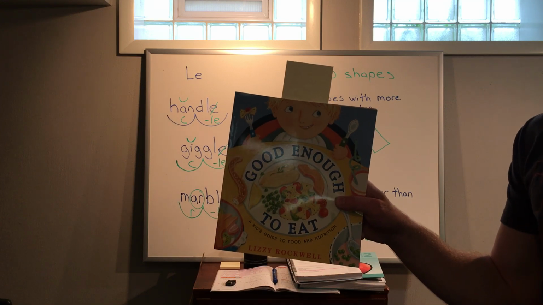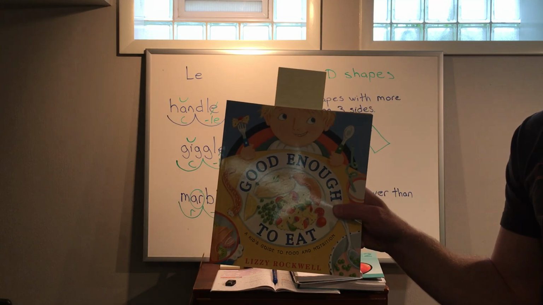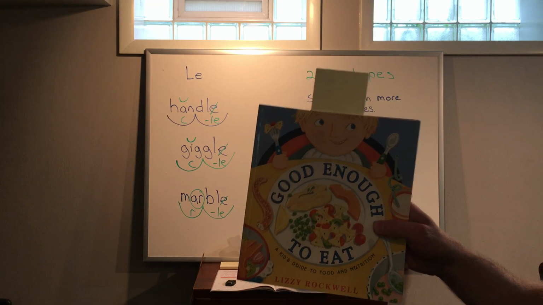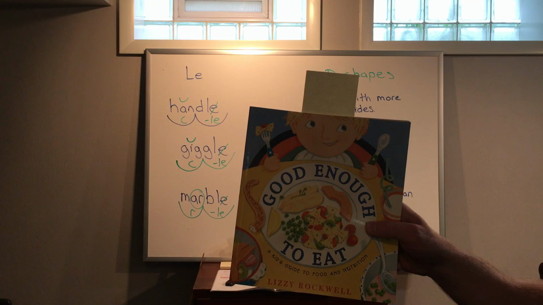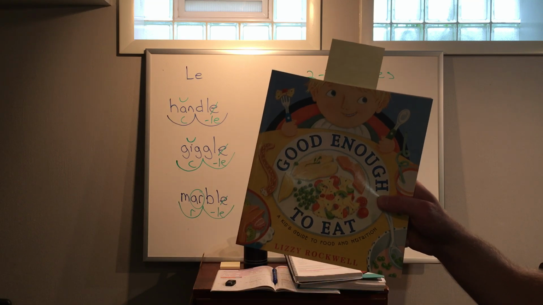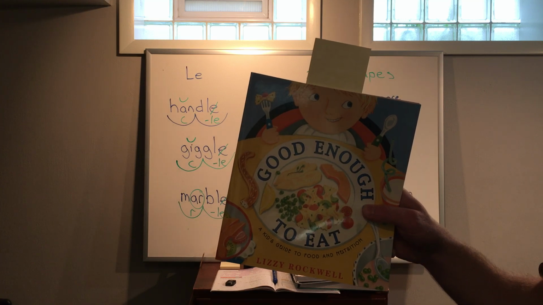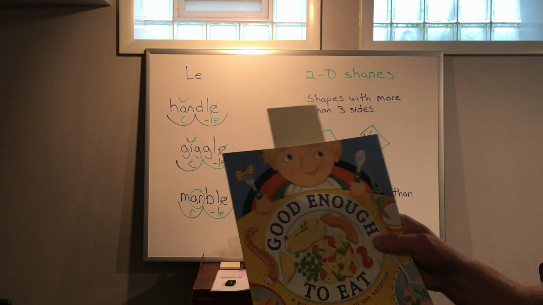So I want you to think about what this kid's guide has taught you about what's healthy, what's important for our body, what foods are good and necessary for us to eat in order for our body to keep running smoothly.